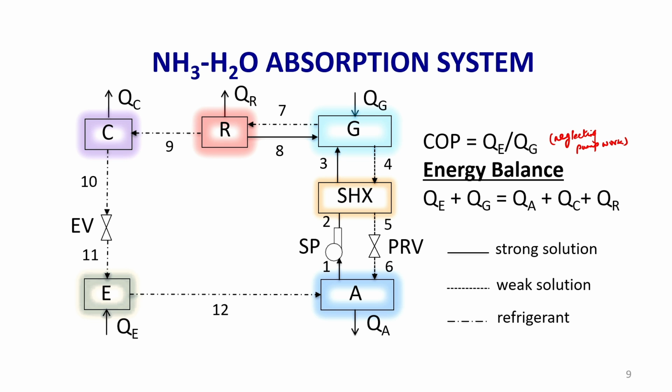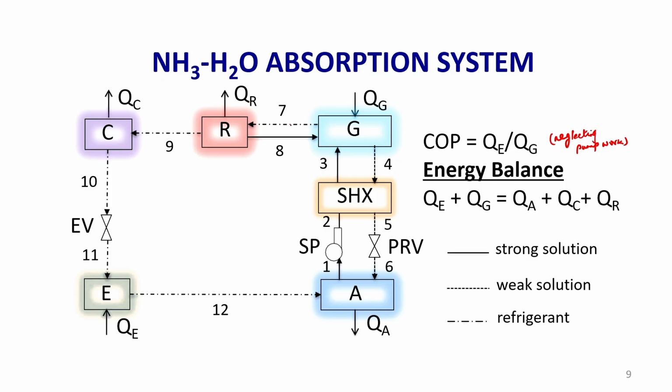As the solution is heated, if you take ammonia and water, the boiling point of water at atmospheric condition is 100 degrees centigrade, and the boiling point of ammonia is minus 33. So, ammonia is the low boiling point liquid. At one stage ammonia vapor will come out from that solution. The solution will lose some amount of ammonia in the form of vapor.